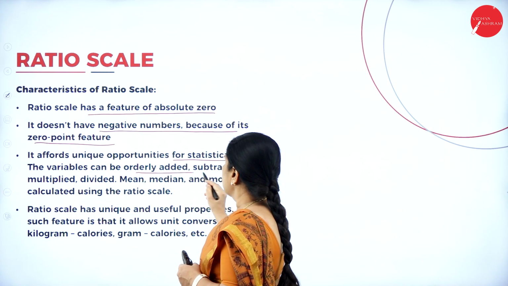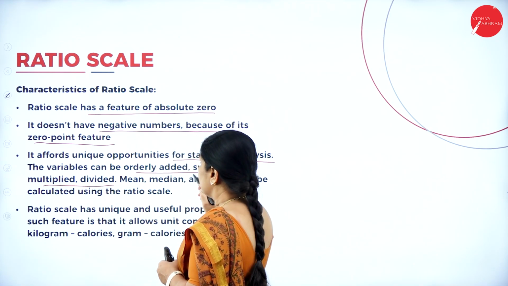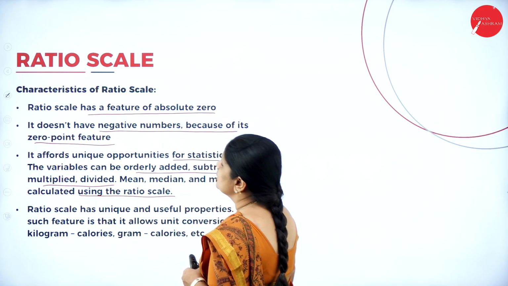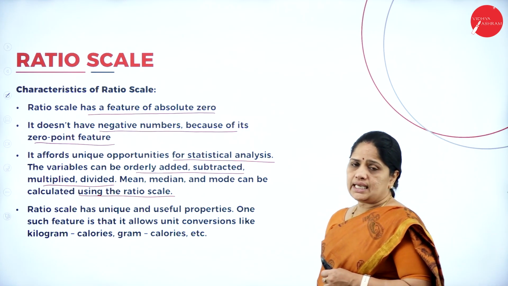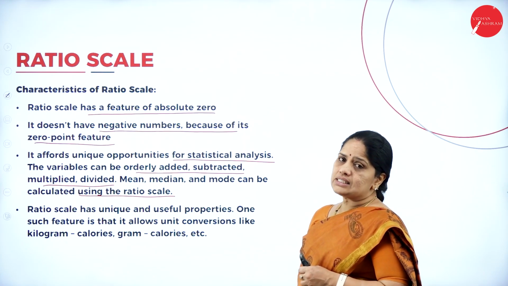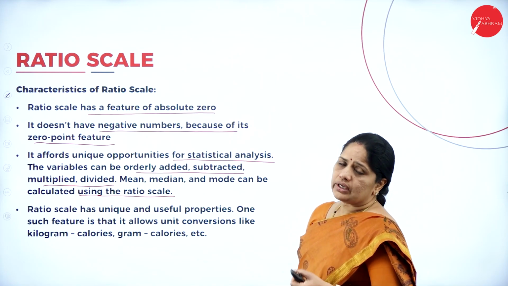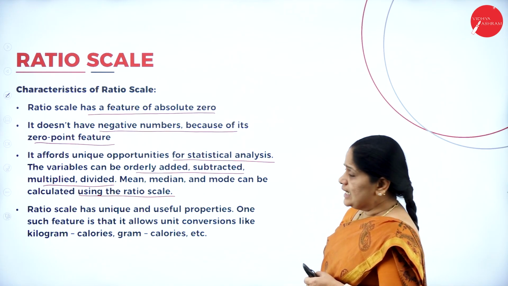The variables can be orderly added, subtracted, multiplied, divided. Mean, median and mode can be calculated using the ratio scale. So, this is a very convenient scale where we can use all the statistical techniques to calculate the inference of the findings.